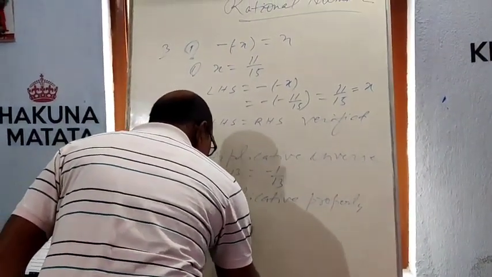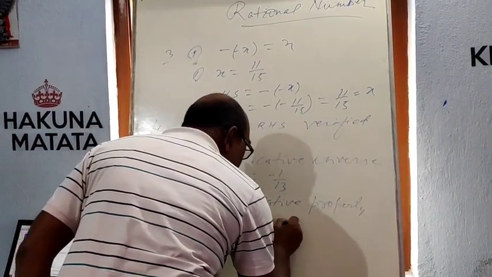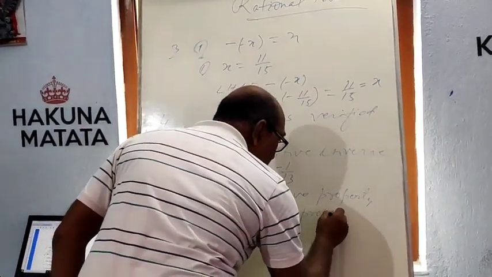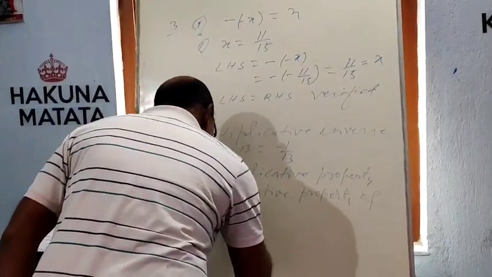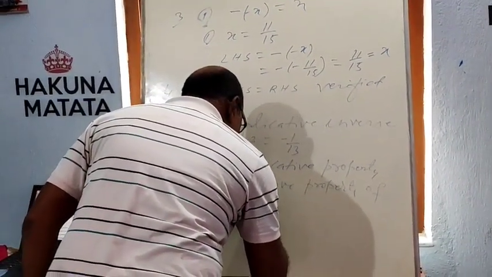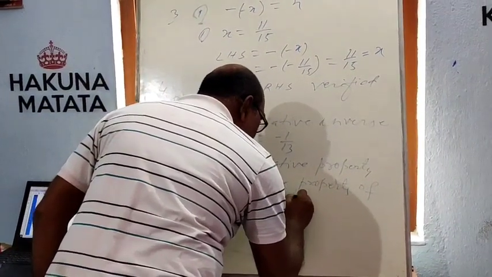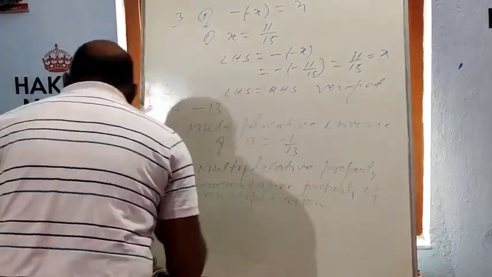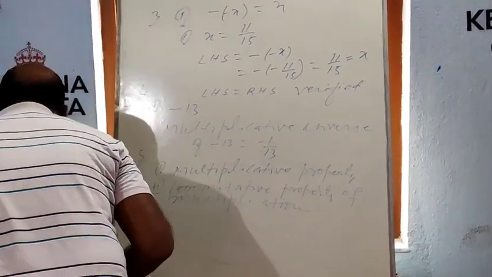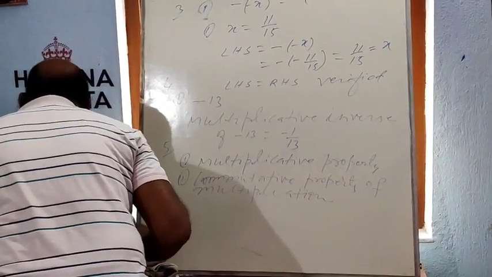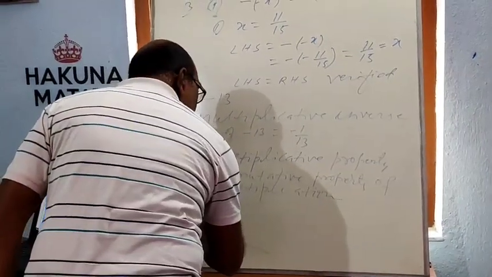Commutative property of multiplication. Third is multiplicative identity.